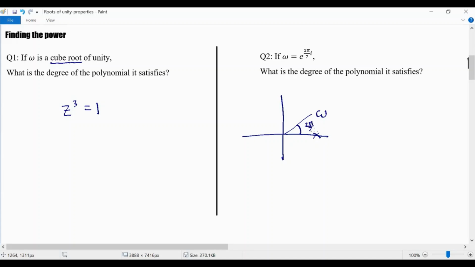Now, as we know, the gap between all the solutions to a z to the n equals 1 style equation, z to the n equals any complex number, the arguments that separate each of those solutions is always the same. We know that the gap between omega and the next root along will also be 2 pi over 7.